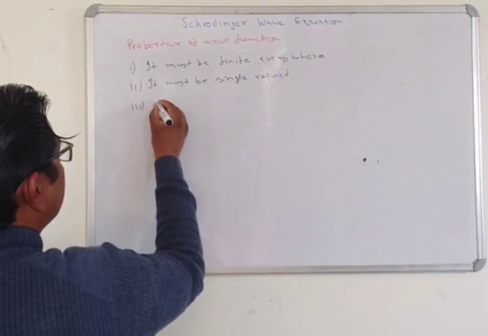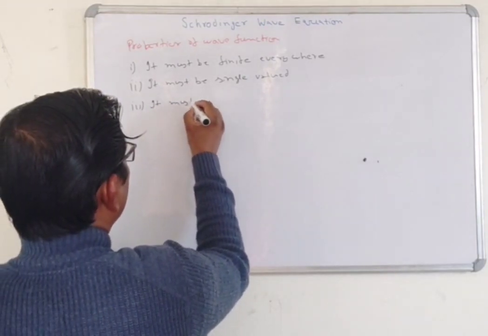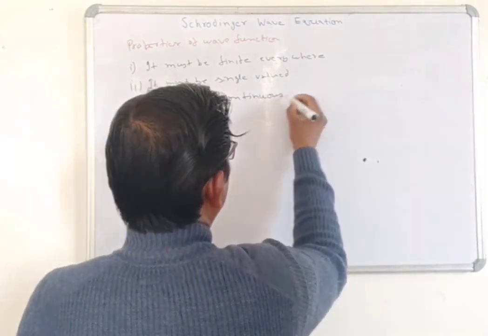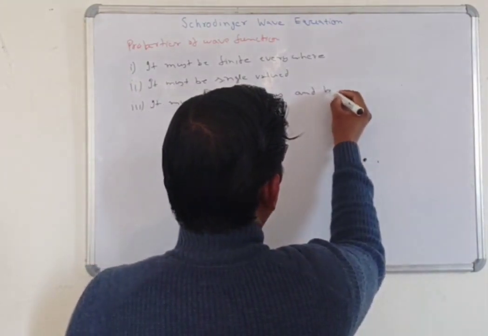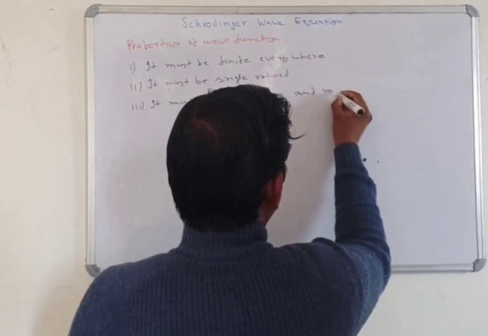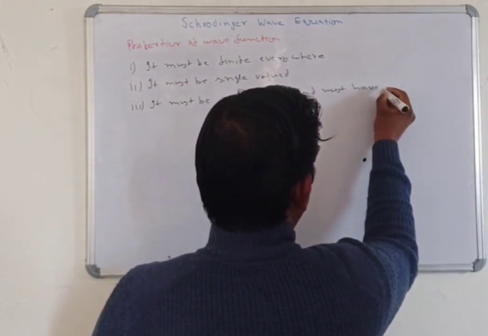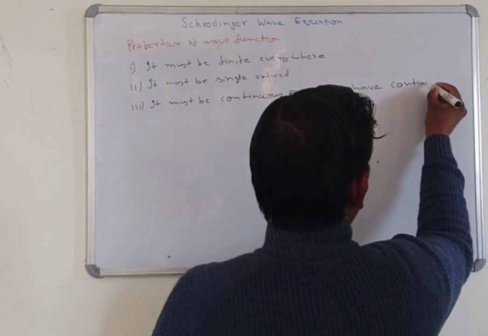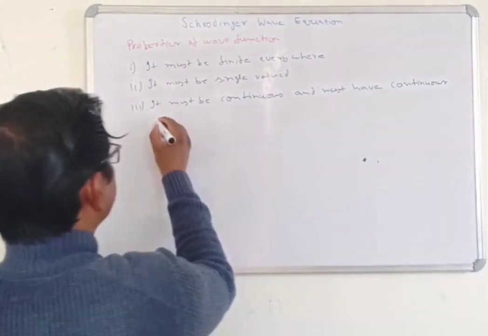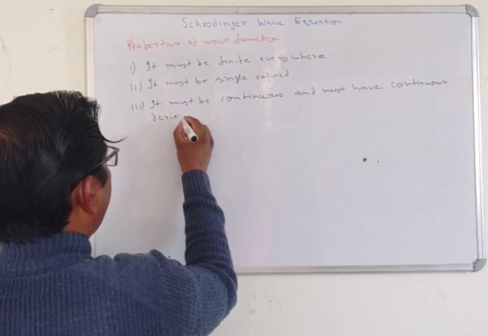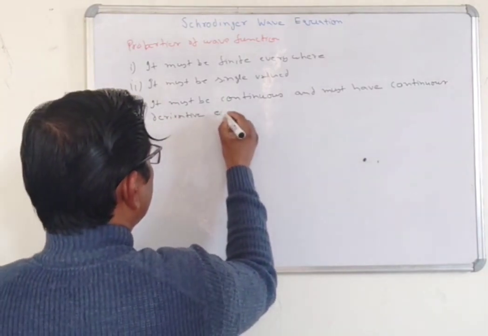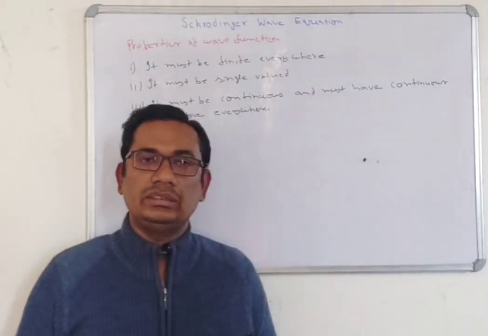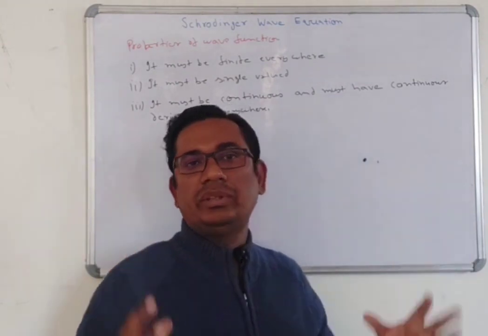Third, it must be continuous, and it must have a continuous derivative everywhere. These are the properties of the wave function associated with a particle.